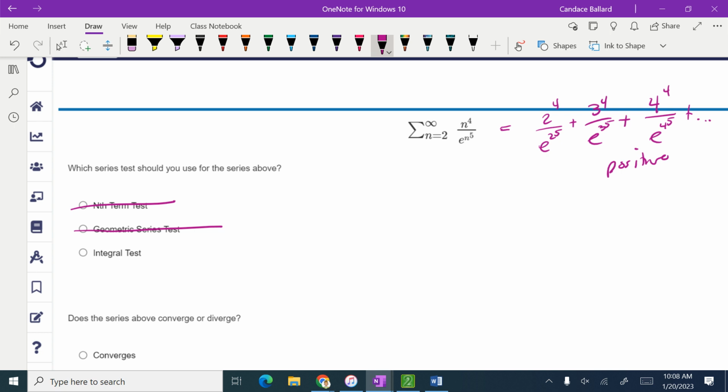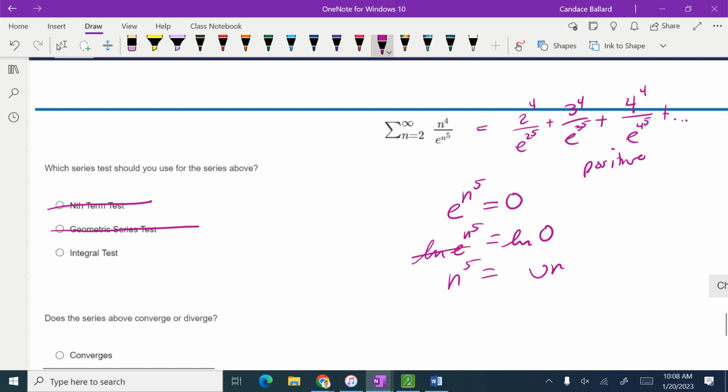Set the denominator equal to 0, see where the vertical asymptote is, if it exists, right? So e to the n to the 5th equals 0. How do I get rid of e? Natural log. So natural log of e to the n to the 5th equals natural log of 0. That goes away, but what's the natural log of 0?